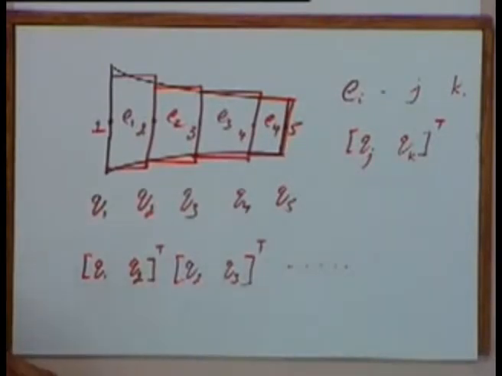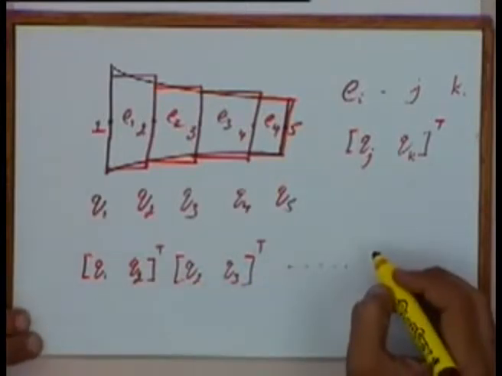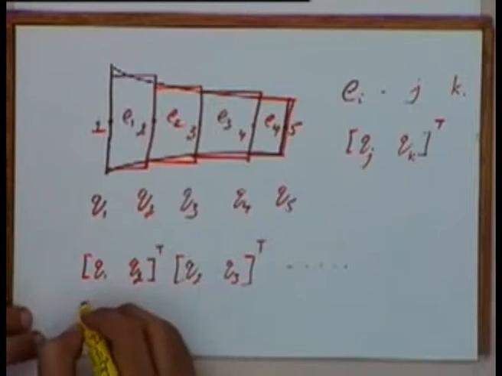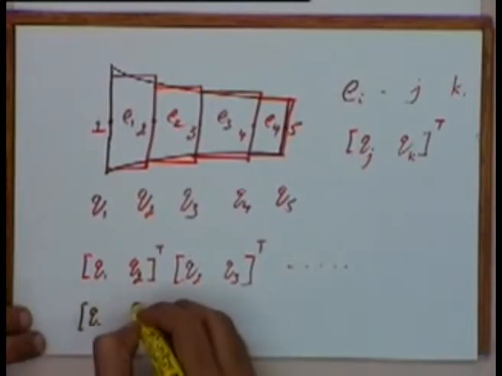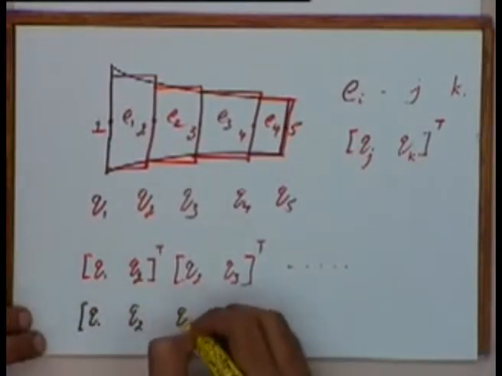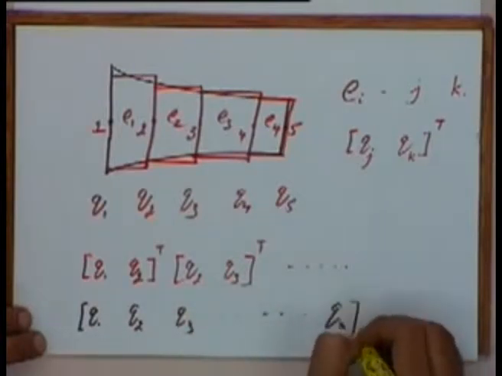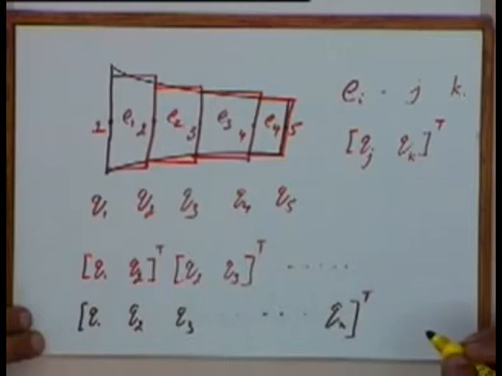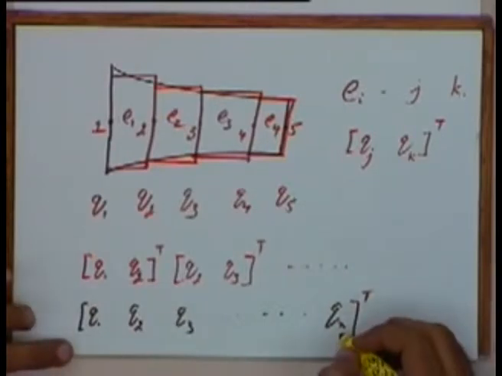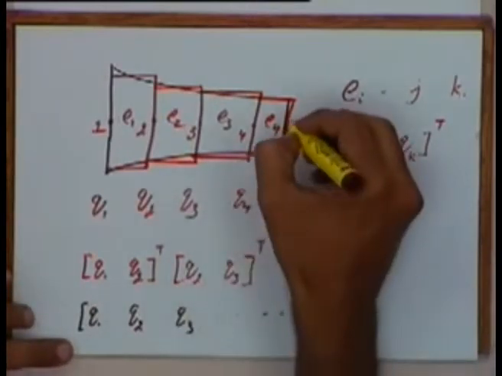okay. So what we will do is, instead of having these individual matrices, we will write down one global matrix, and that will be the matrix like this: Q1, Q2, Q3, so on till Qn. Here n is the total number of nodes, okay. Let us say this is my node number n.